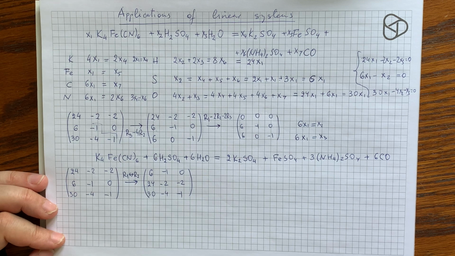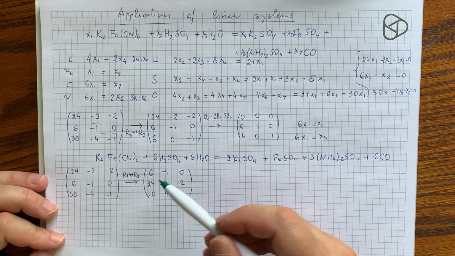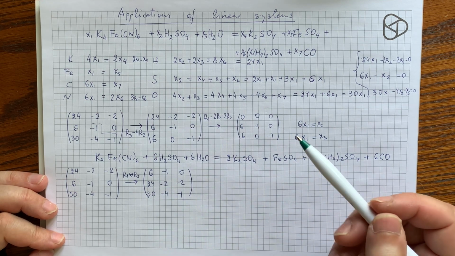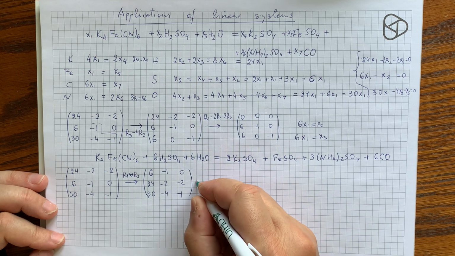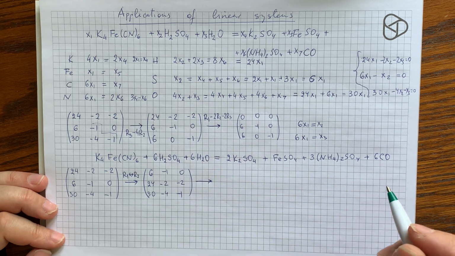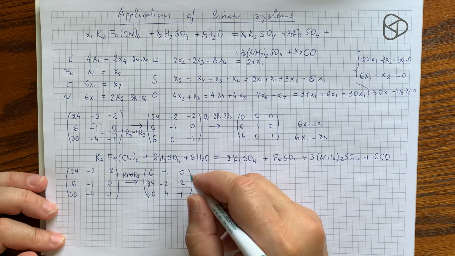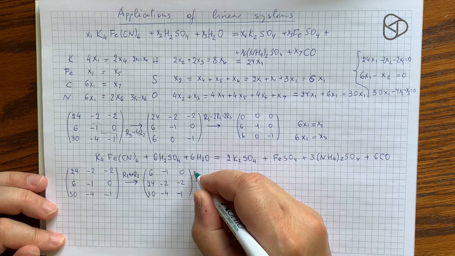And it's still good for elimination purposes because all other numbers are divisible by 6. Good in the sense that I will not need to use fractions, which is always good.